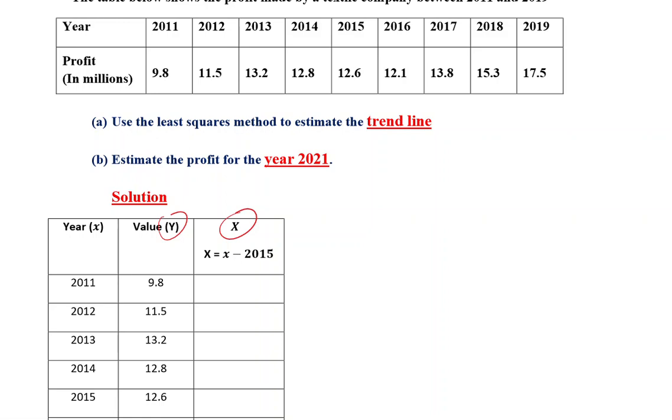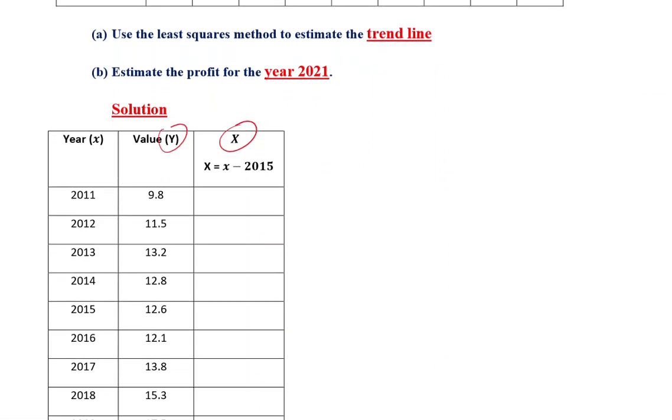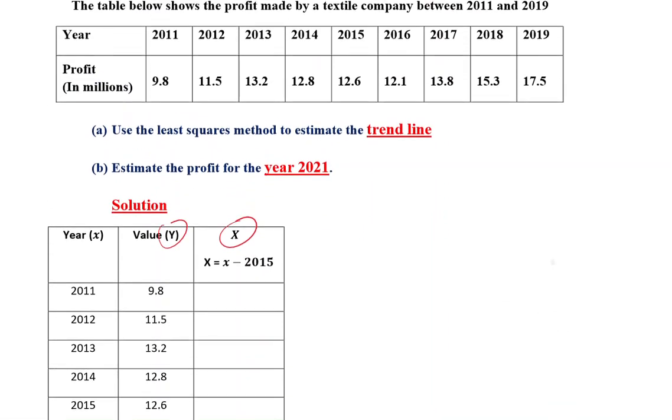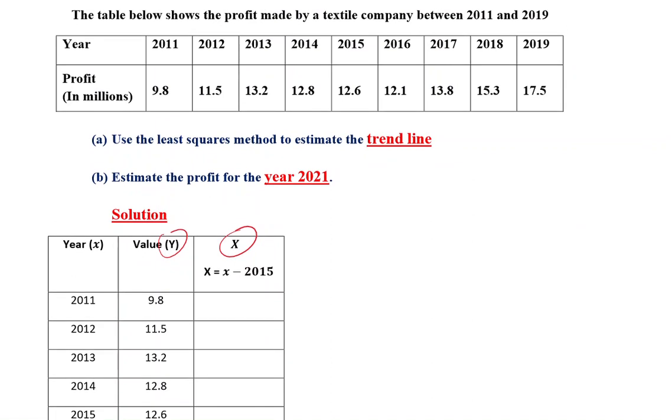Now, how do you find the value of capital X? We need to count the number of years from 2011 to 2019. That gives us n equals 9, which is an odd number. So if it's an odd number, the middle value is 2015.